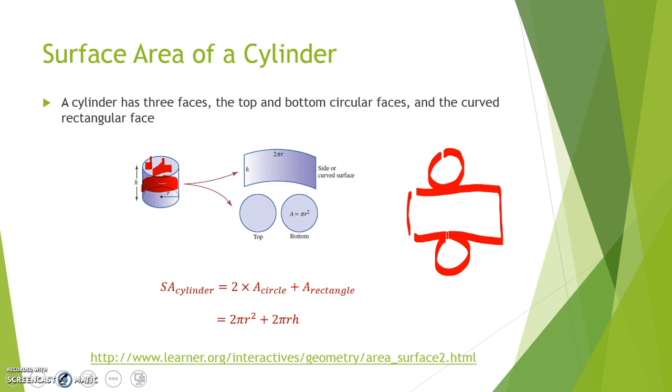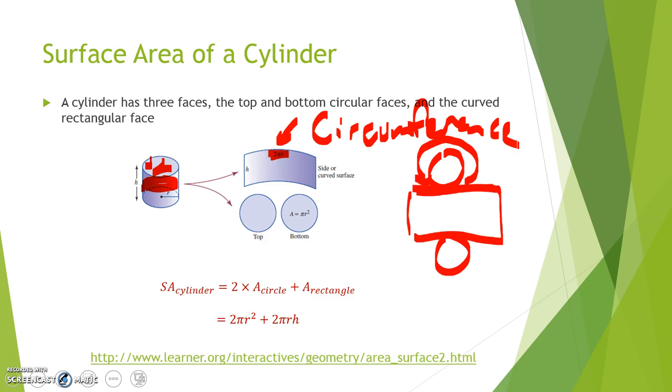Now because this rectangle strip here wraps around the circle, if you wrap it back around like that, we know that it has a length of 2 pi r, which is the circumference. So what we have is the area of a rectangle and the area of 2 circles, the top and the bottom circle.